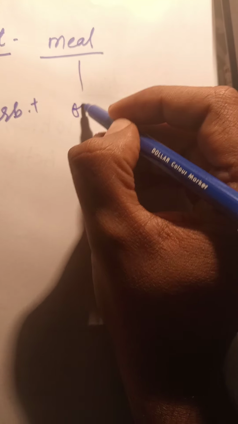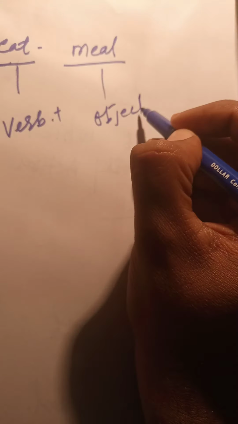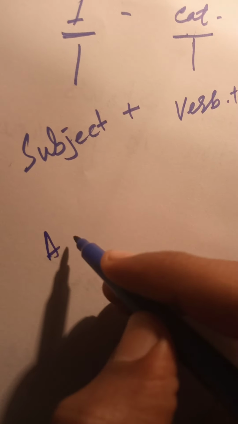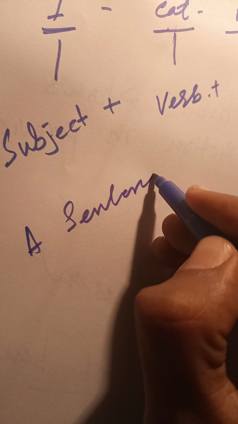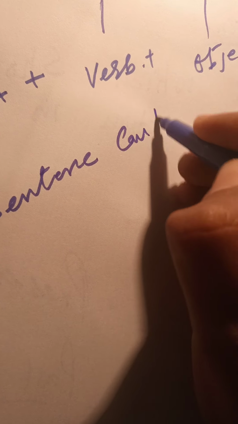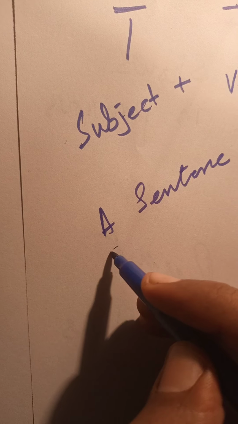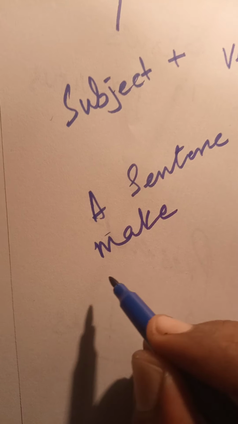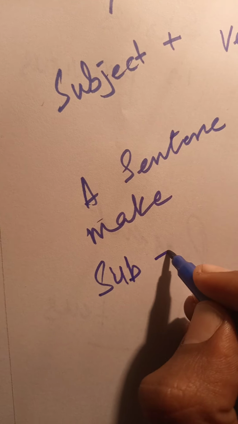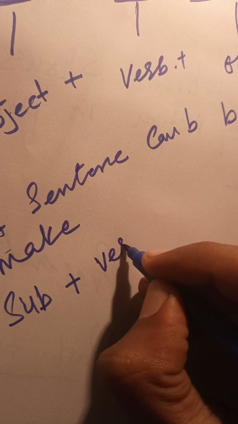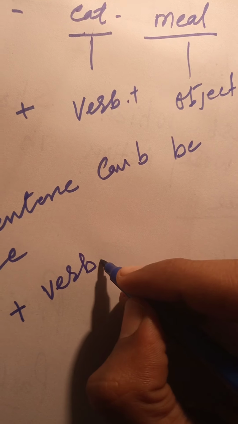I is a subject plus eat is a verb, meal is object. A sentence can be made: subject plus verb plus object.